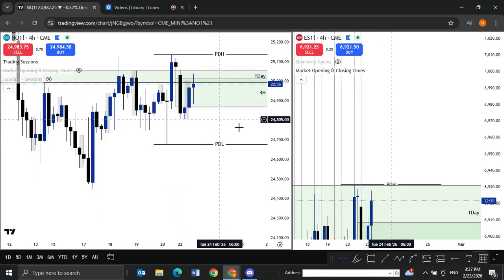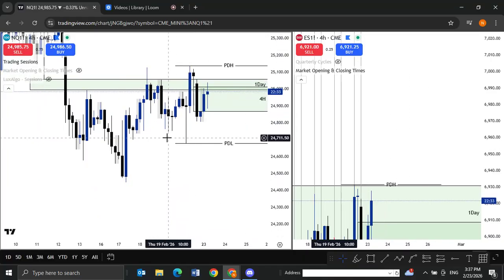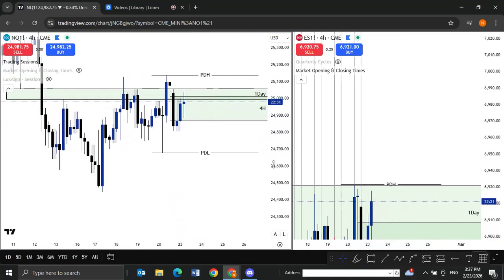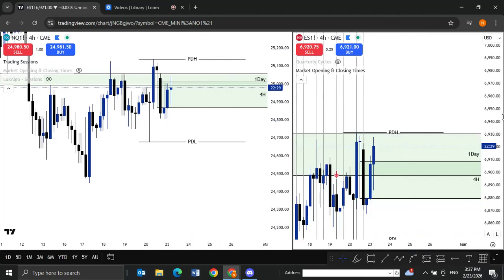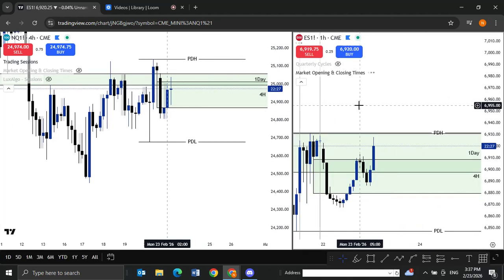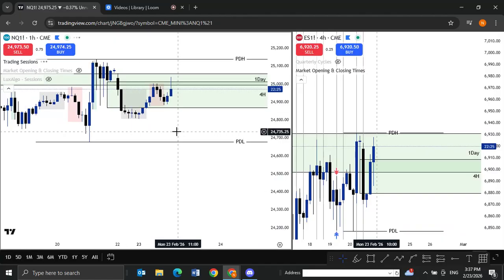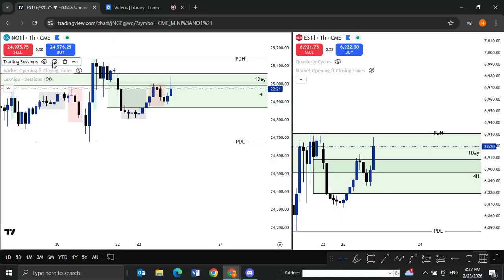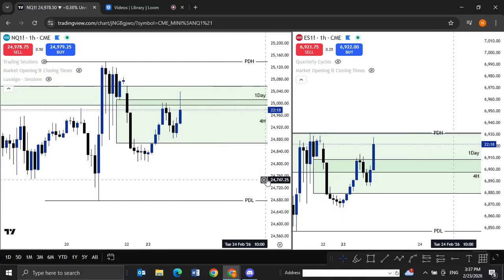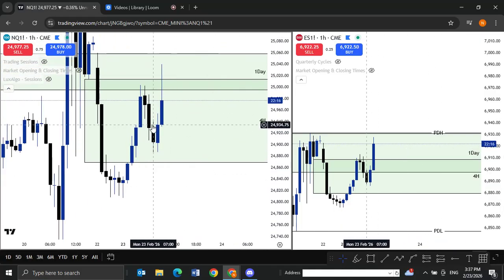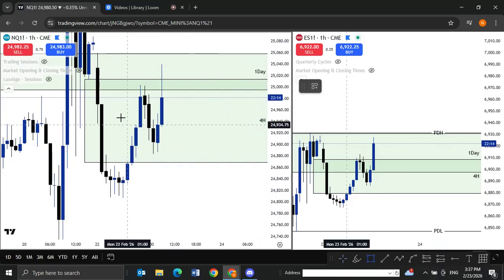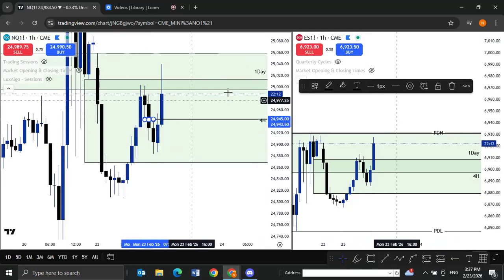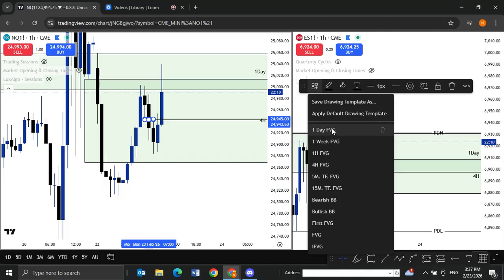Okay, we inverse this hourly value gap. Small, but still good.